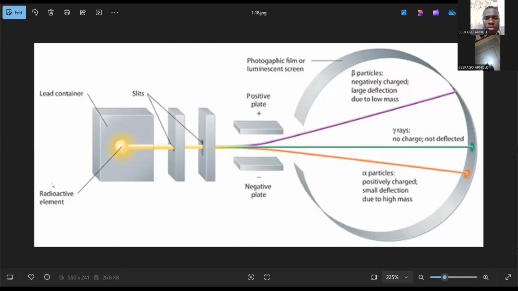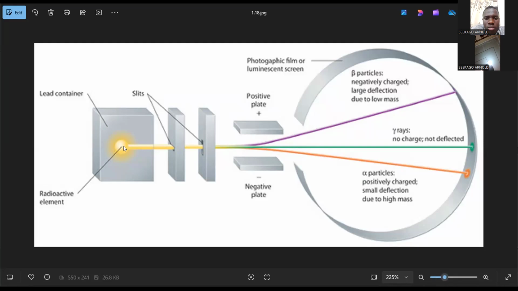You are seeing we have a radioactive element, meaning an element which is unstable. Those elements that are unstable and heavy are the ones that undergo radioactive decay. So in this container we have a radioactive element. Once it decays, it will produce alpha particle, beta particle, and gamma ray.